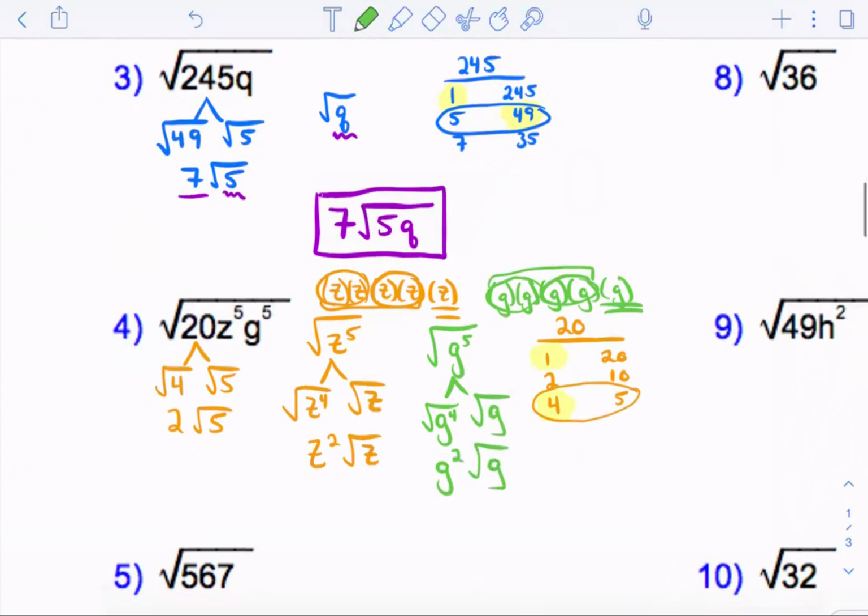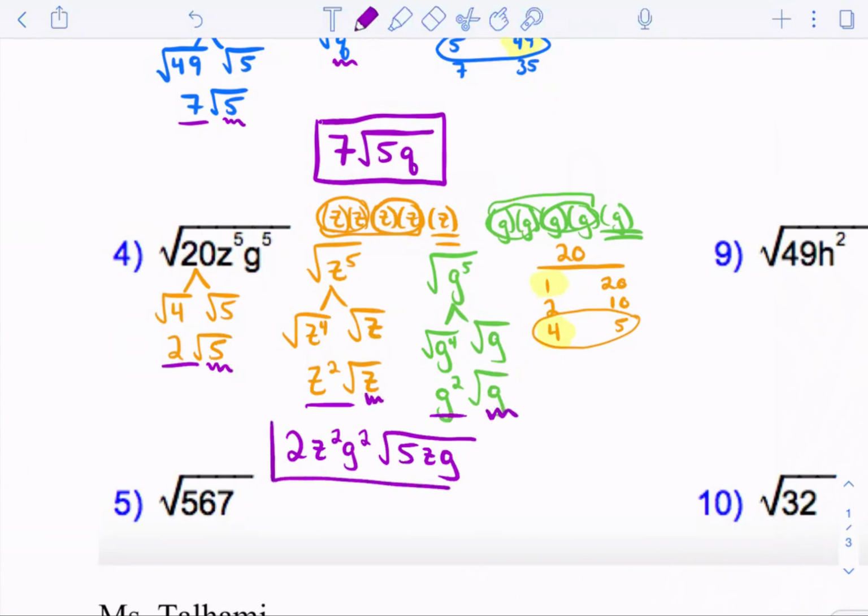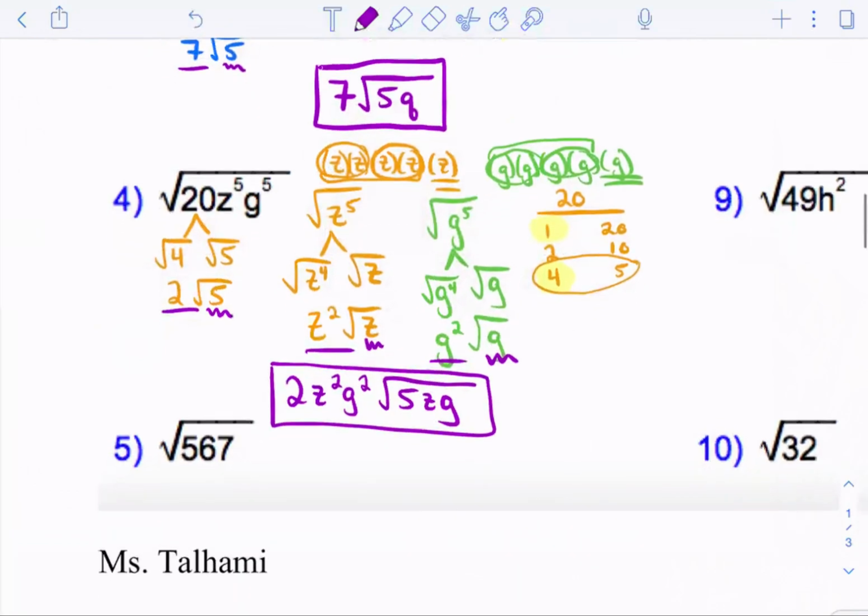So now if I want to combine this into one final answer, always take the ones on the outside. And then on the inside, put all the ones inside together. So this one, this one, and this one. So there's your final answer there.